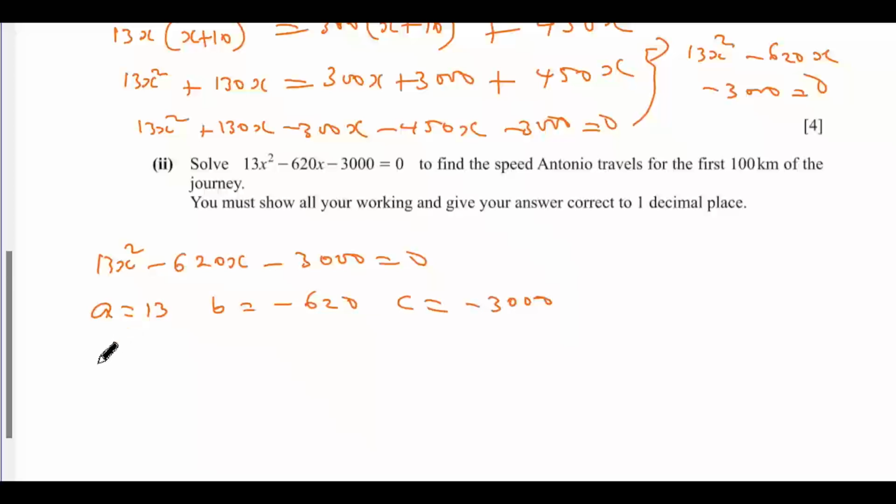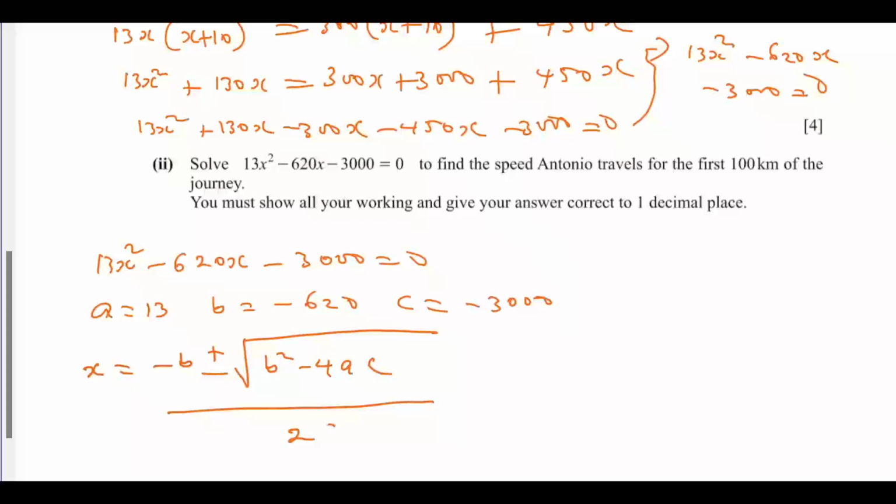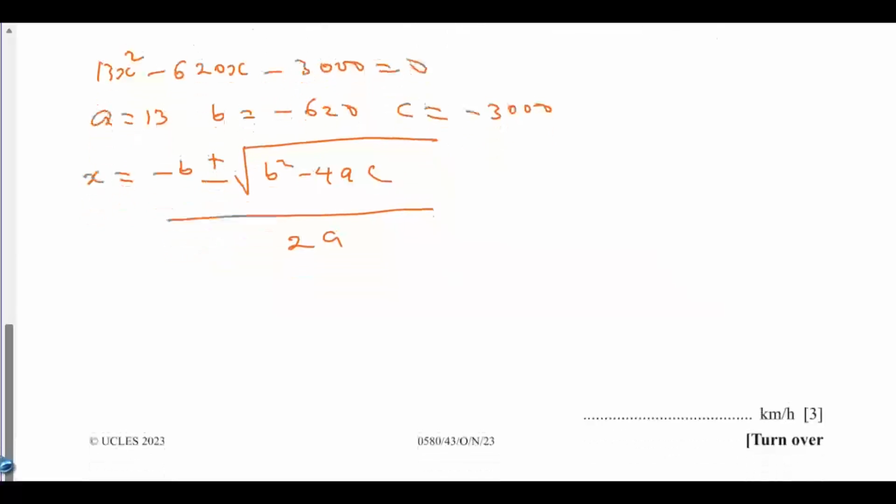So using the formula x equals to minus b plus or minus square root of b squared minus 4ac everything over 2a, let's key in the values.